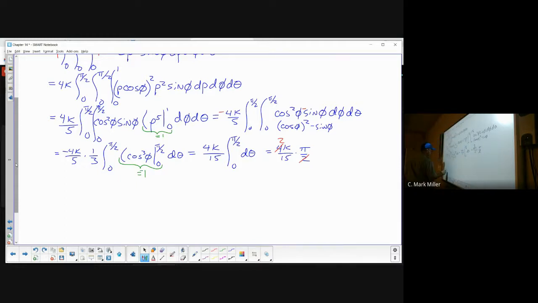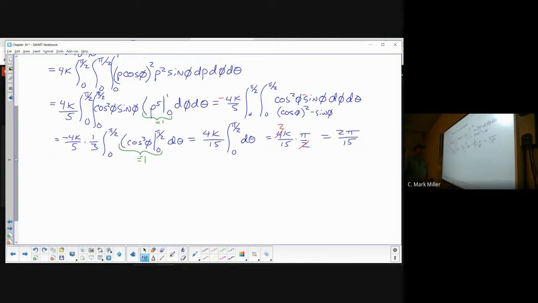And that is 2 pi over 15. And so that's our mxy. So we're going to use that here in a second.